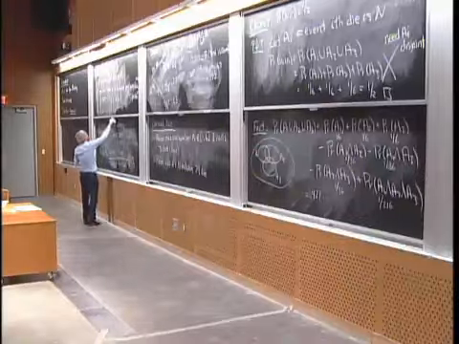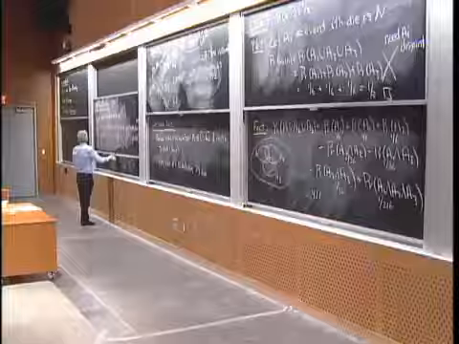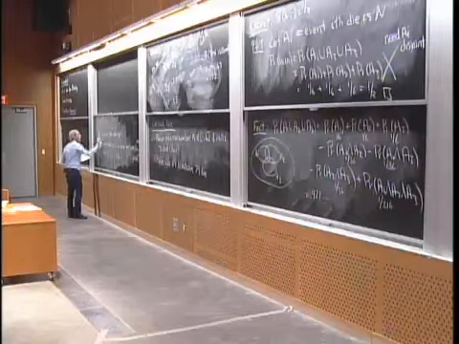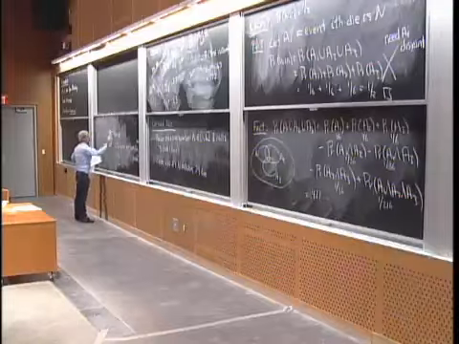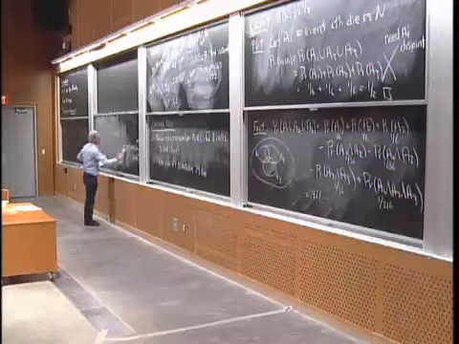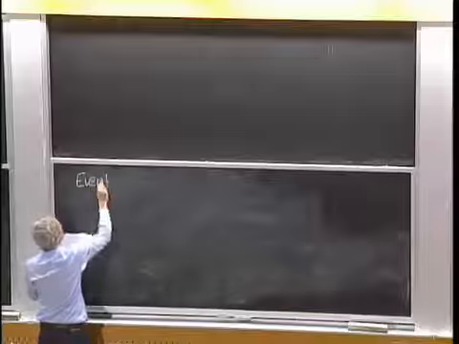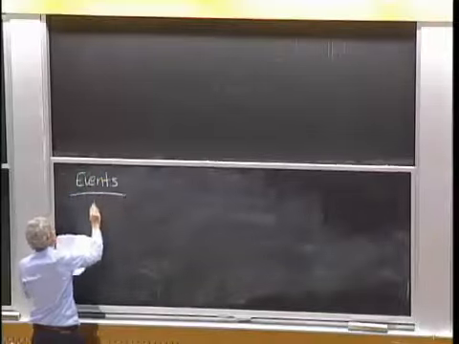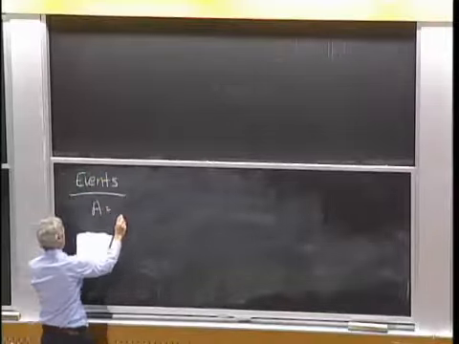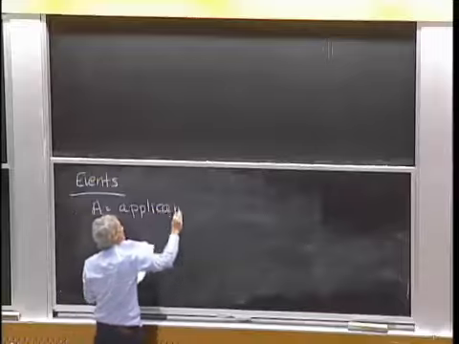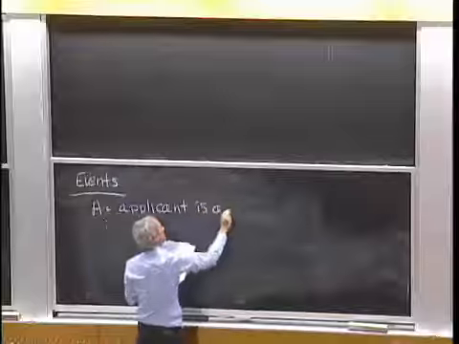And to make it simple, I'm going to get down to just 2 departments rather than try to do data for all 22. And I'm going to do not the actual data, but something that represents what's going on. OK, so we're going to look at the following events. A is the event that the applicant is admitted.